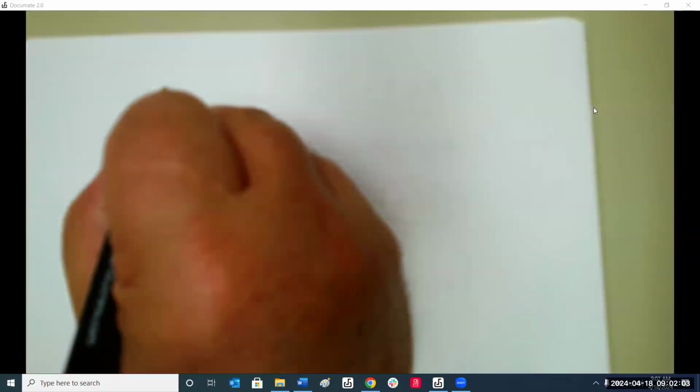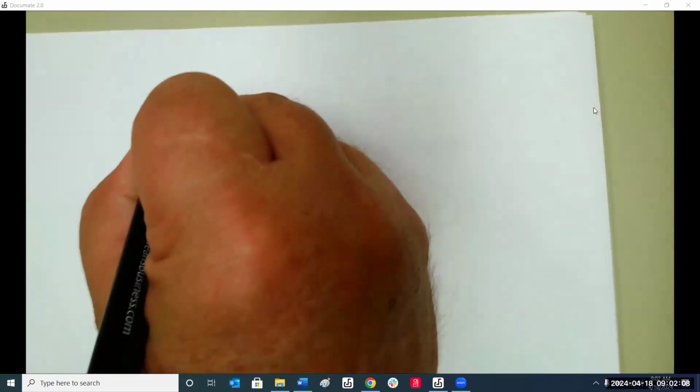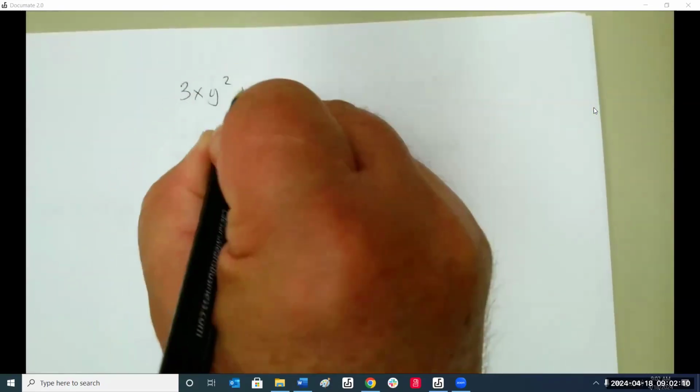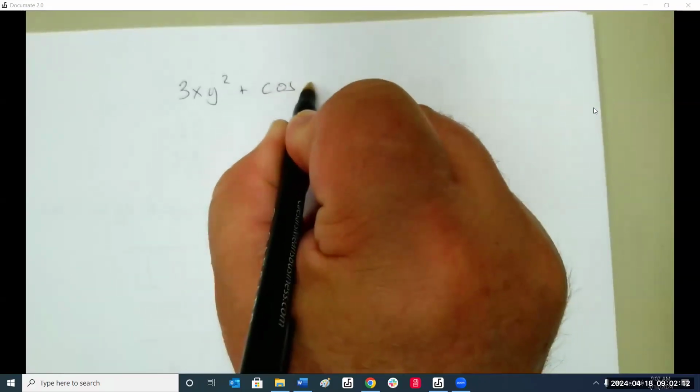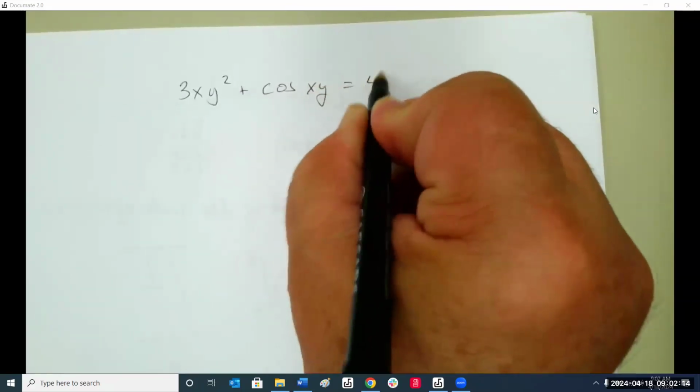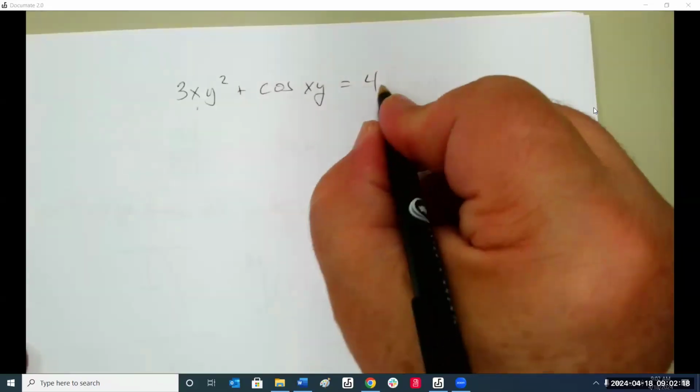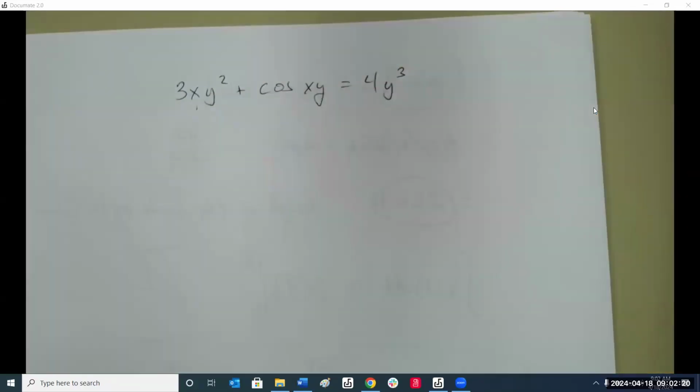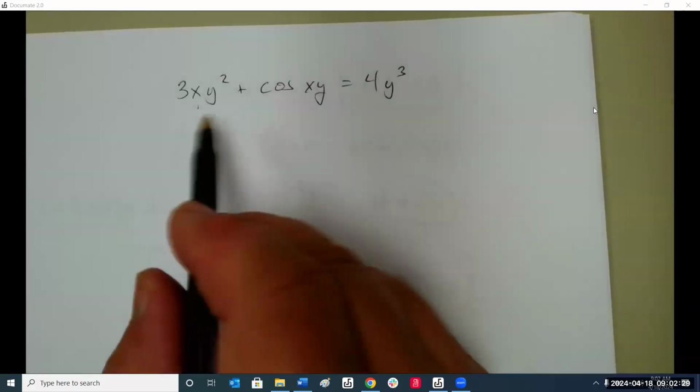In Cal 2, you'll see we can have x and y integrated, combined together. We can't separate them. So that's what we call explicit or implicit differentiation. We're taking both x and y.